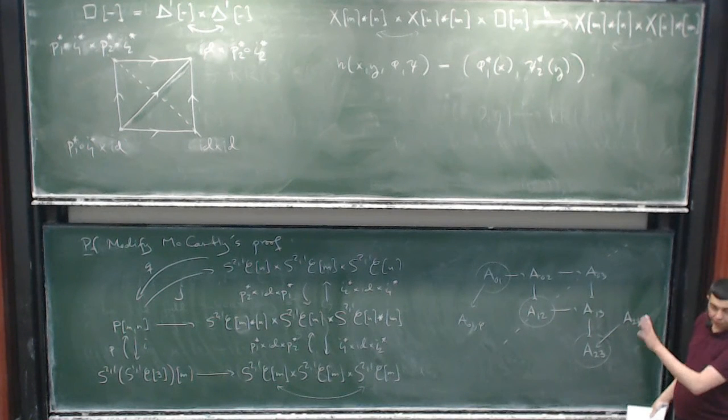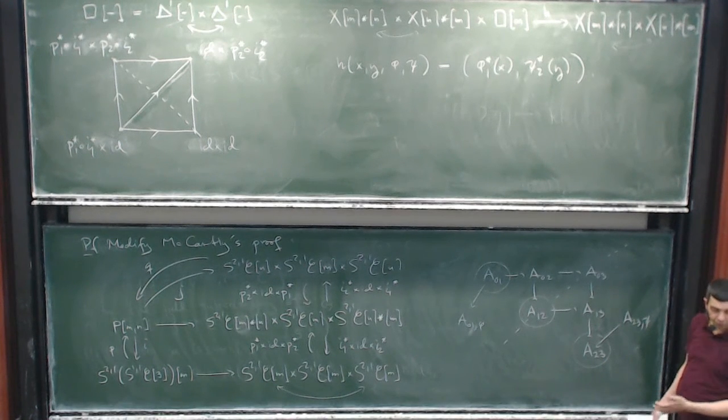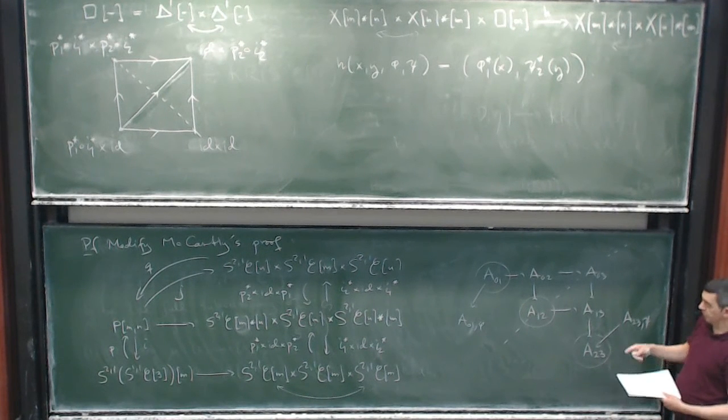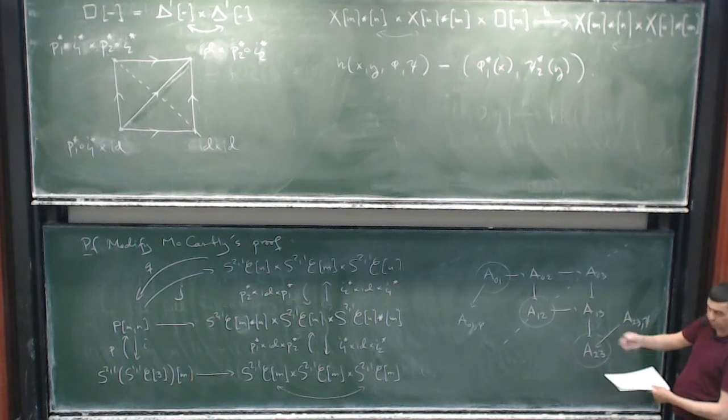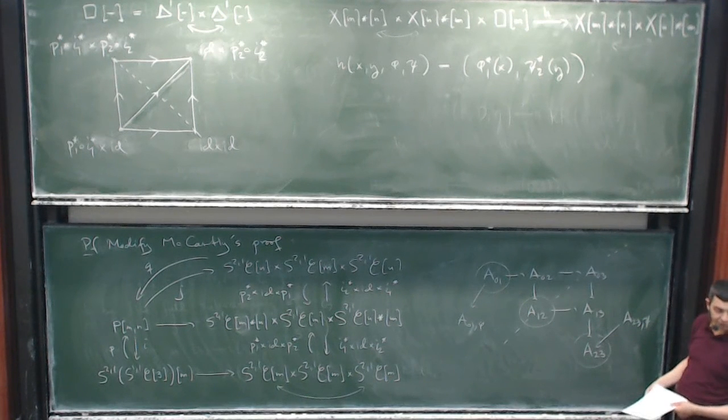Is the duality going to preserve that on the nose? No, it's not. It's going to preserve it up to unique isomorphism. But that's what morphisms are in the category of categories with duality.